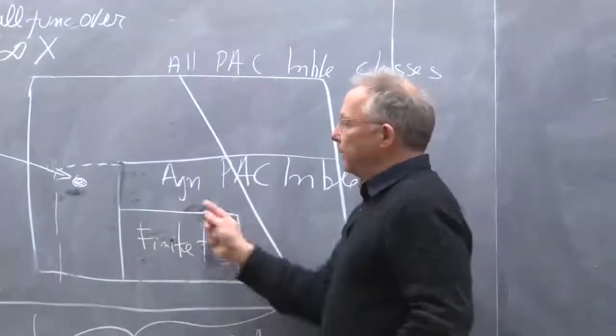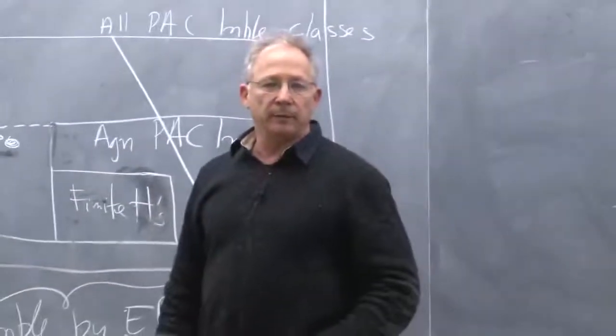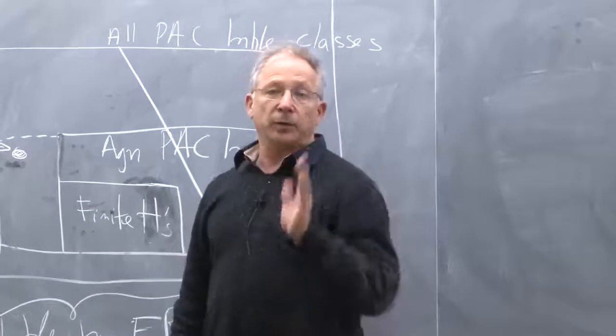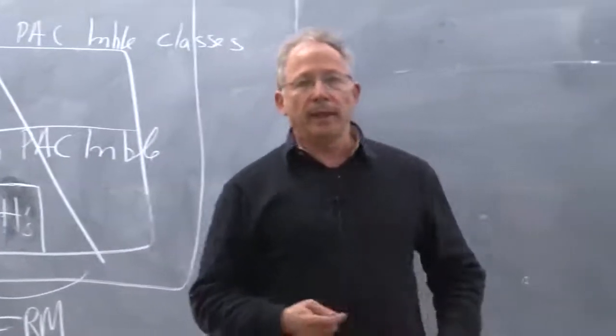And we would like to be able to characterize them. And we already know that one simple characterization, according to whether they're finite or infinite, doesn't work. Because although all finite classes are learnable, infinite classes can come either learnable or not learnable. So that's the direction in which we are going. OK?